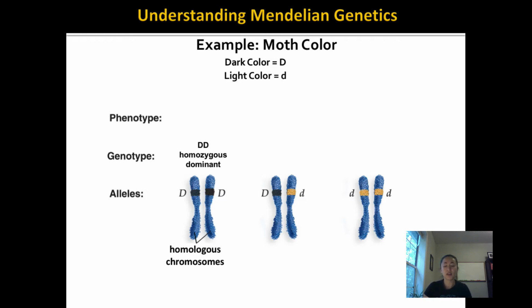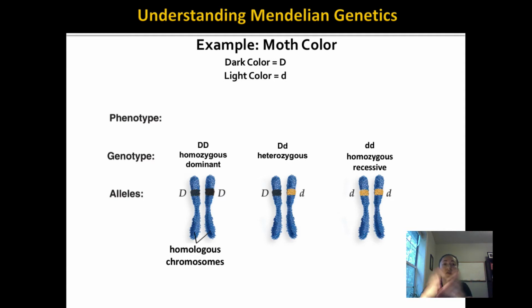If an individual has two different variations of the gene, a big D and a little d, then they are called heterozygous. If an individual has the exact same alleles, little d and little d, and both of them are recessive, then we call that homozygous recessive.